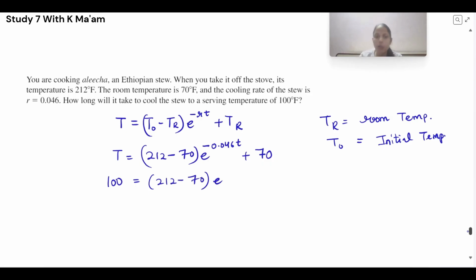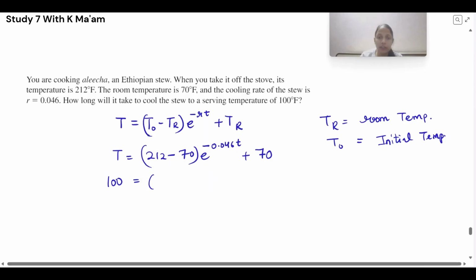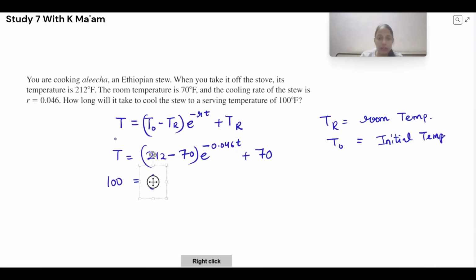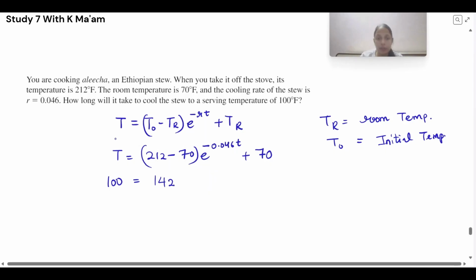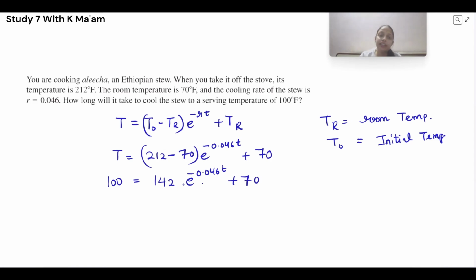Let's calculate. 212 minus 70 is 142. Yep, 142 e power negative 0.046t, plus 70. 100 minus 70 is 30, and it equals 142 e power negative 0.046t.